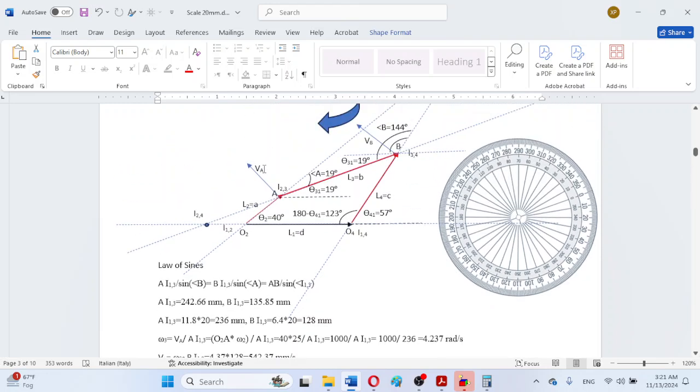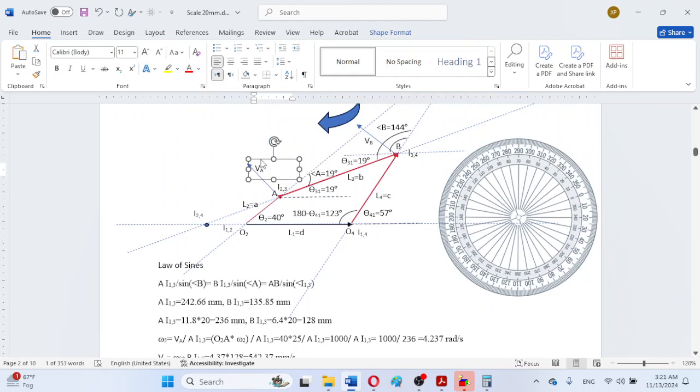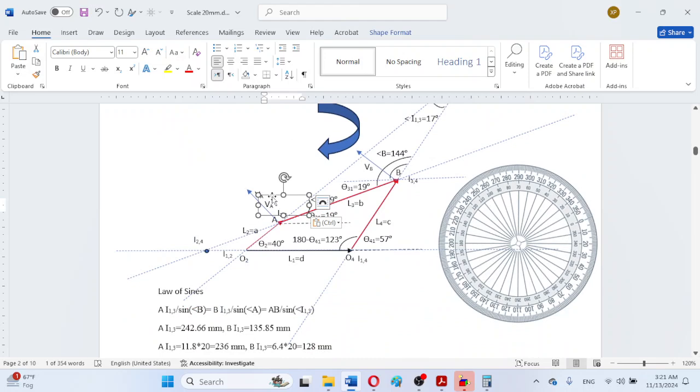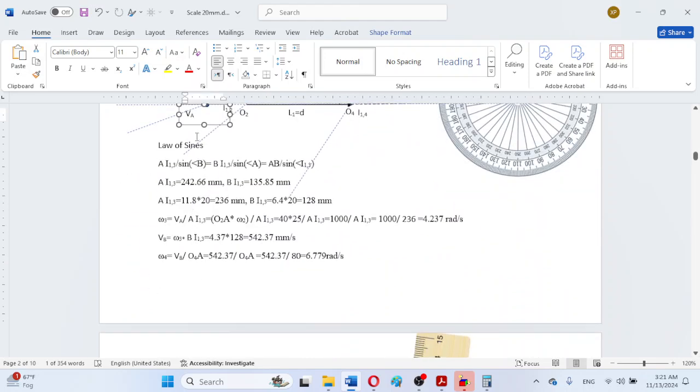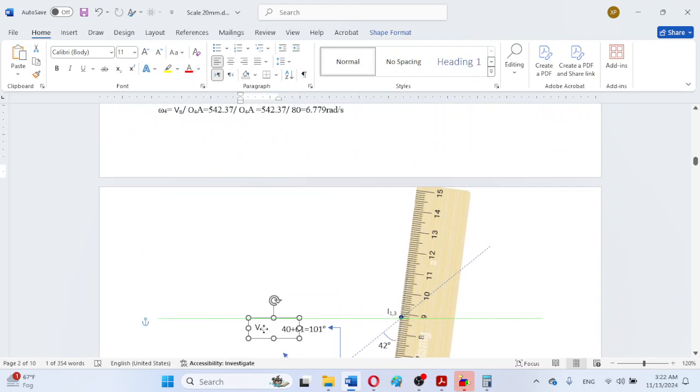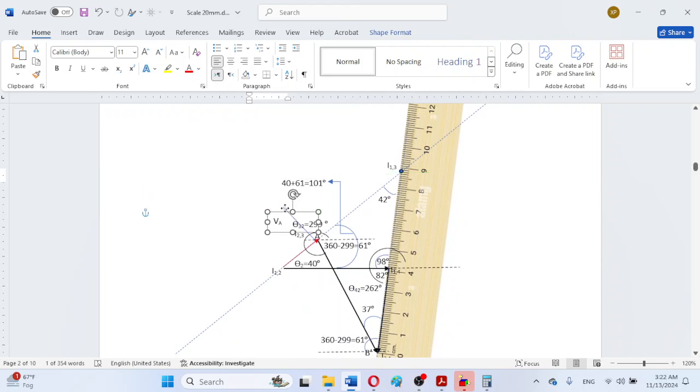Let us label it. So this is VA, and as we can observe, the direction of rotation of this coupler link AB dash is again in the clockwise orientation.